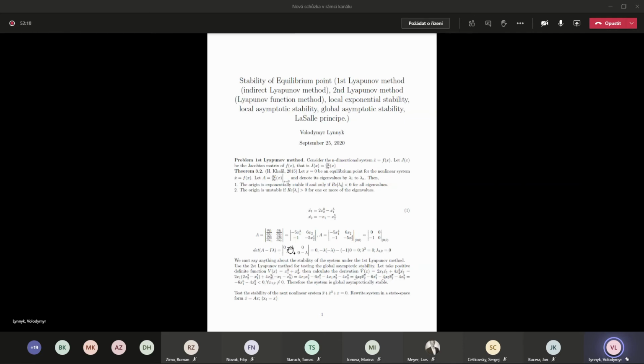Okay, can we say something about the stability of this system using the first Lyapunov method? We can't say anything about the stability, because the eigenvalues equal 0, and in theorem 3.2, the origin is exponentially stable if and only if the real part of all eigenvalues is negative.